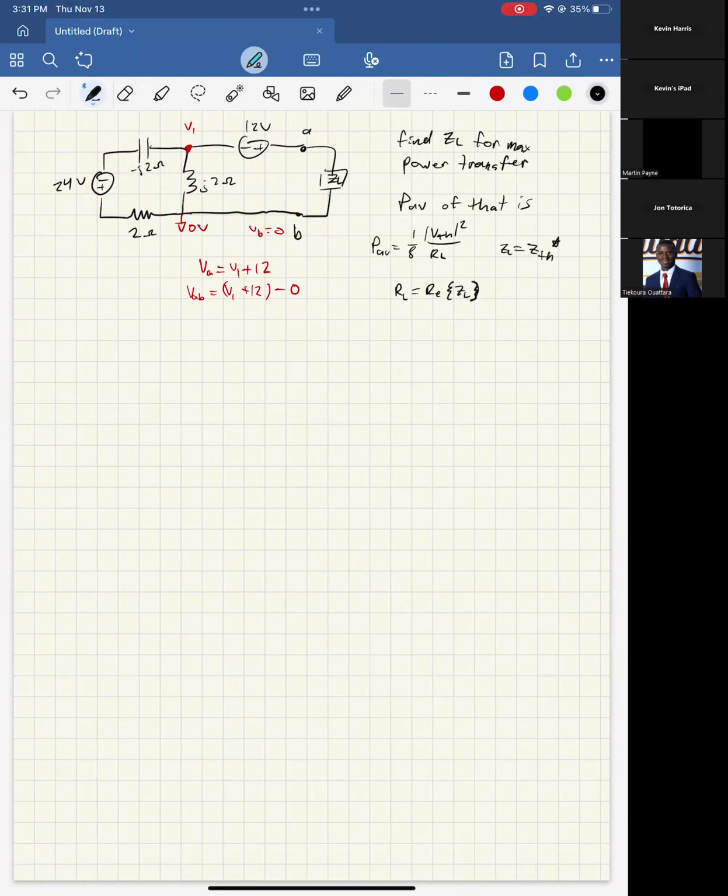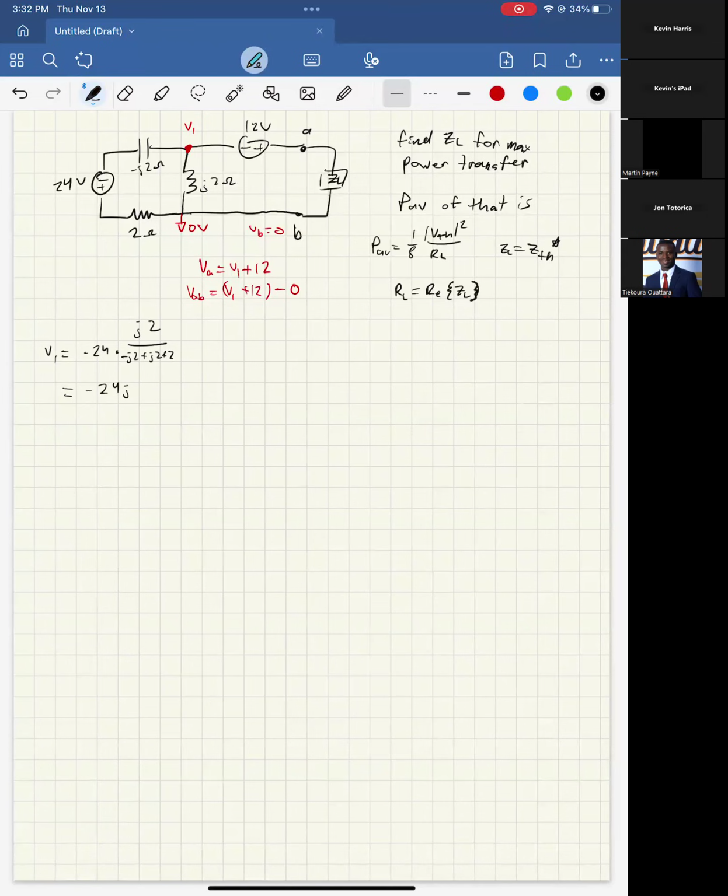So it's going to be V1, because remember V1, I've decided that this at the bottom here is 0 volts. So the references work out fine, right? So V1 is going to be equal to negative 24 volts to keep the polarities right, times J2 over negative J2 plus J2 plus 2. The J2s on the bottom cancel, and you end up with negative 24J, I think.